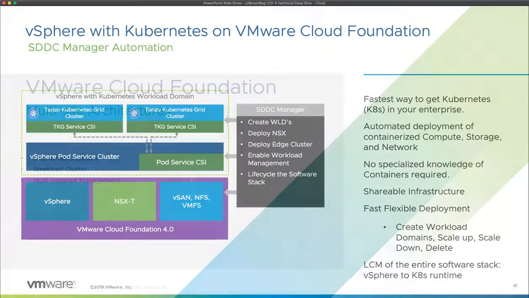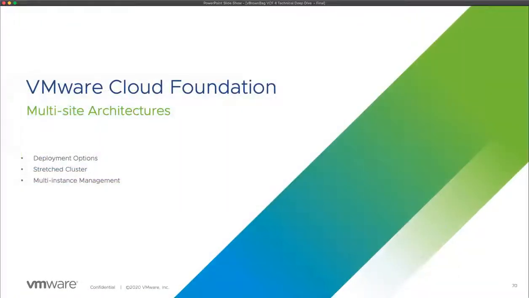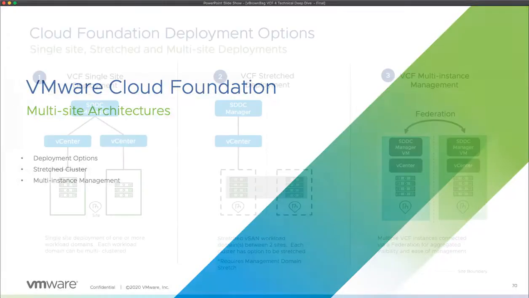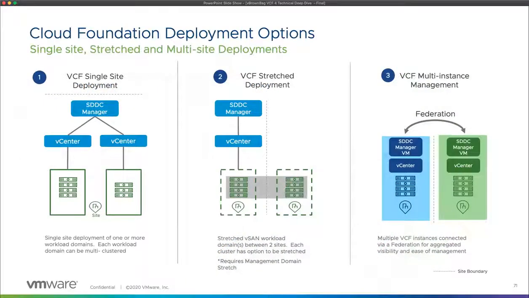All right, moving on here. Multi-site architectures get a little bit interesting in VCF. We have basically three different deployment models today. One is VCF in a single site deployment, which of course is what any single data center would be able to do.